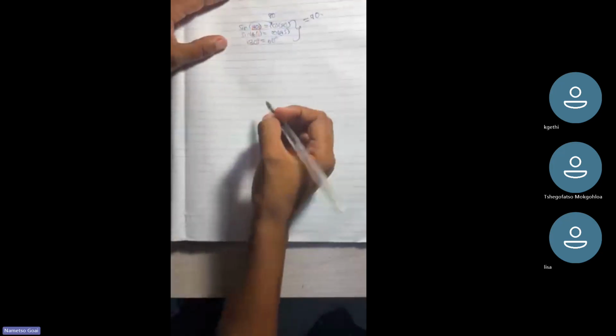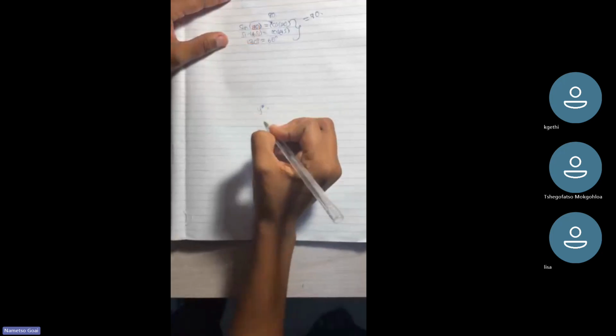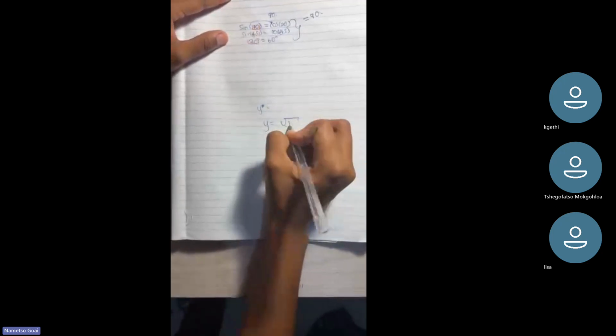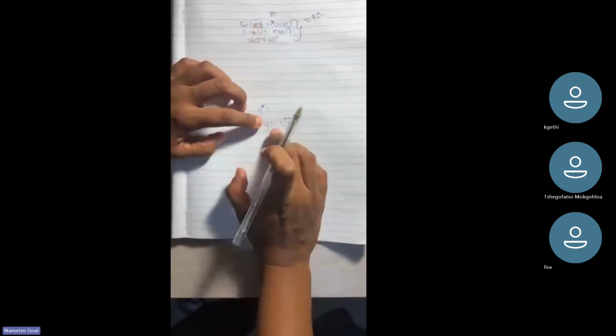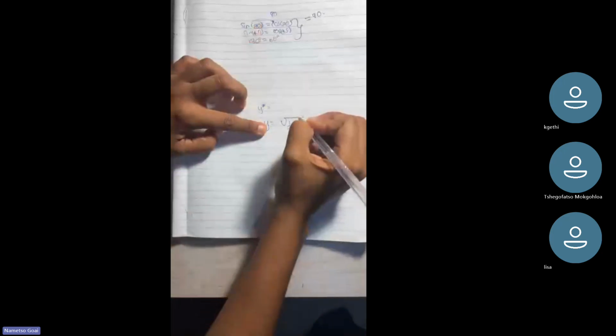Because if you're saying y squared equals 2, and you want to know what y actually is, not the root, you'll just square, and this square is going to cancel this root.